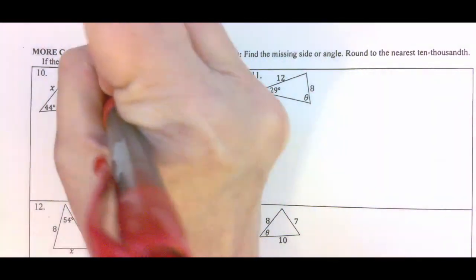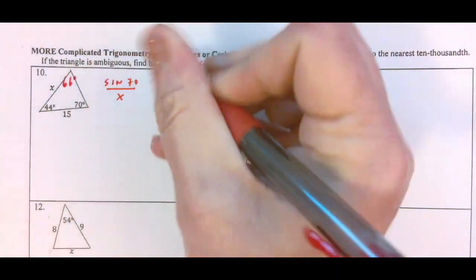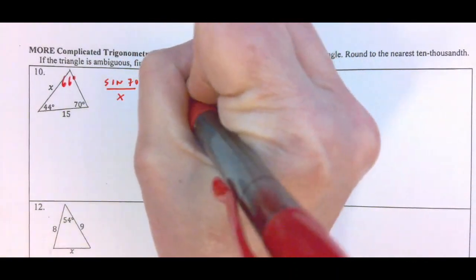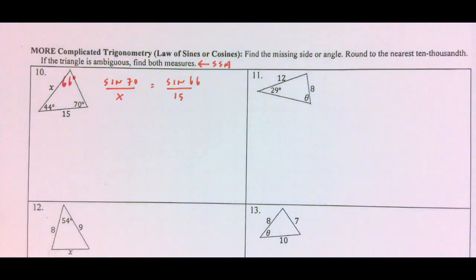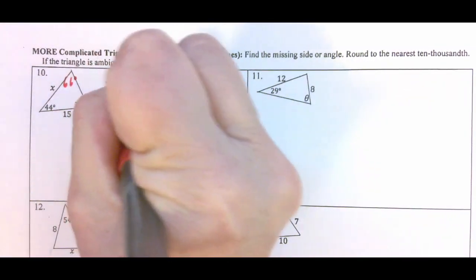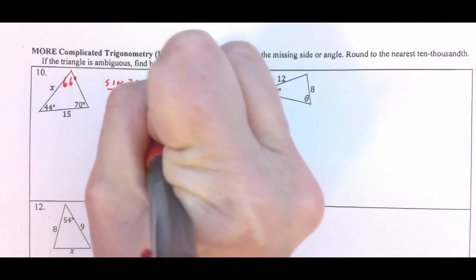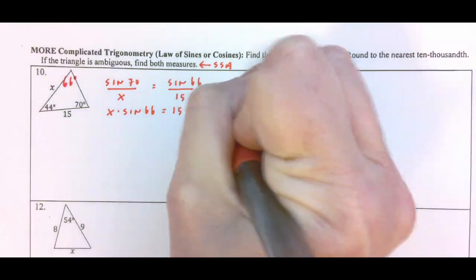So I can say that sine 70 is to 2x, just as sine 66 is to 15. So I've built my proportion and now I cross multiply. X times sine 66 equals 15 times sine 70.